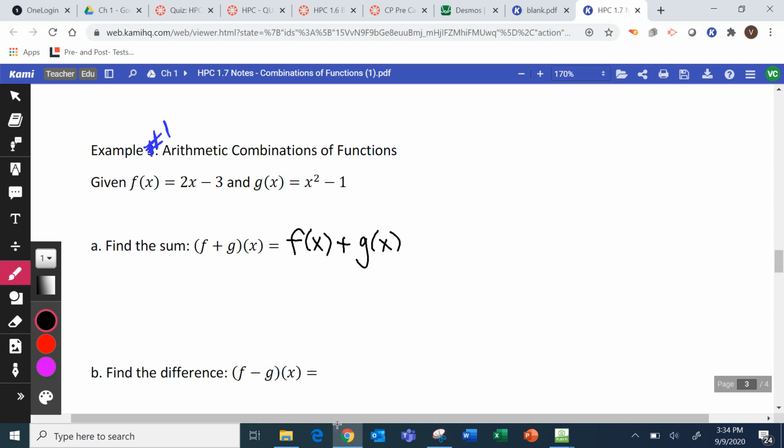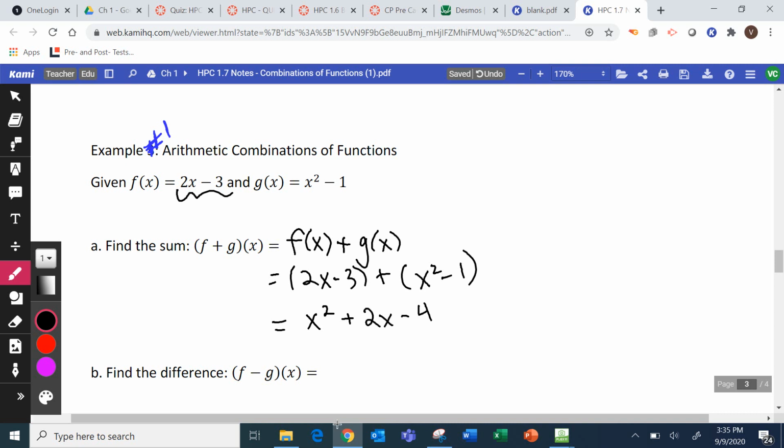Since I don't know the value of x, it's just any x, so I'm going to have 2x minus 3 plus x squared minus 1. I'm going to add them together, collect any like terms, and put them in descending powers of x. And that would be f plus g of x.